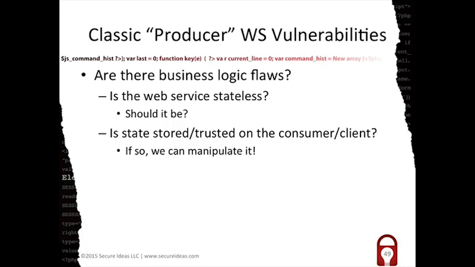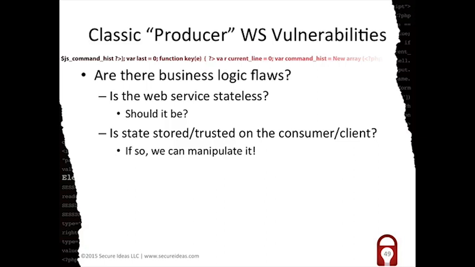Now, an example of a logic flaw, the typical example, of course, is the shopping cart, where you have a certain sequence of actions that are supposed to occur in a certain order, right? You add things to the cart, you total up the cart, you go through the checkout and pay for it. And then your items get shipped.